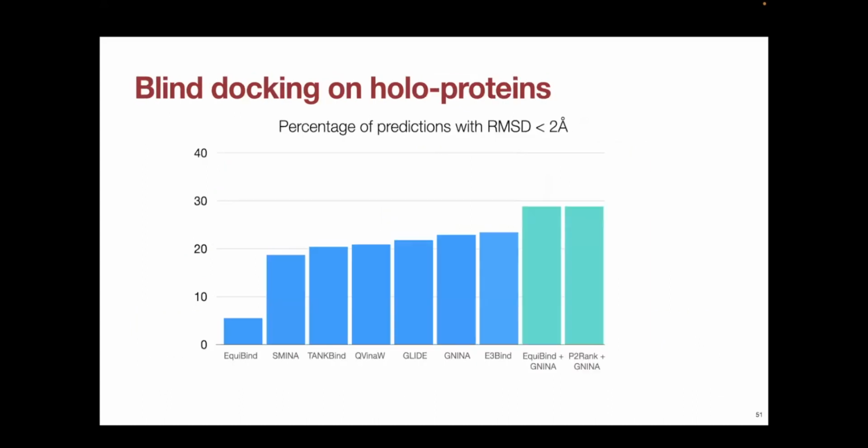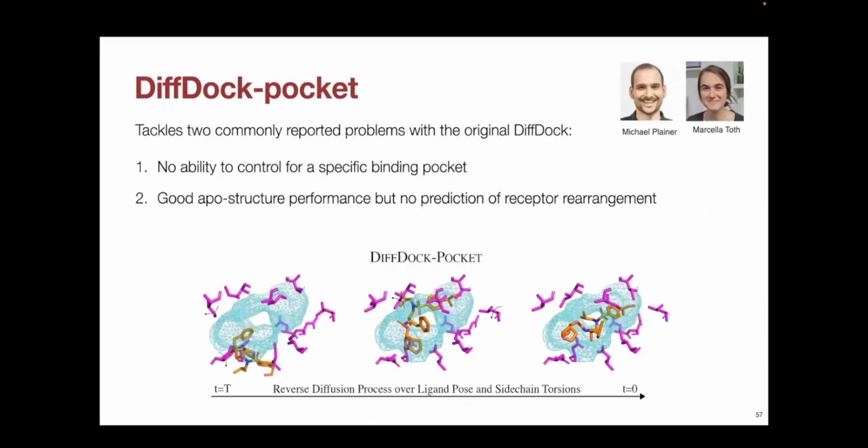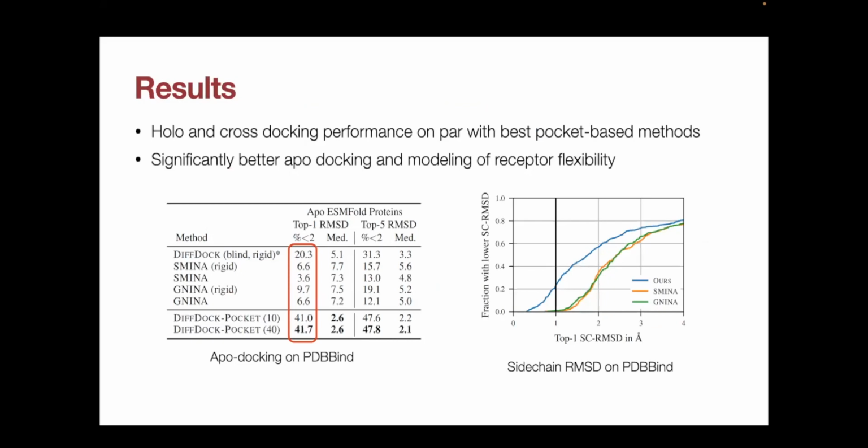But I think one setting where it becomes very clear is when you look at predicting flexibility of sidechains. Many of the traditional methods allow you to enable some flexibility in sidechains by also modeling the torsion angles of the sidechain, similarly to the way that DiffDock-Pocket does. But when you actually see how these models do, they actually work pretty terribly.